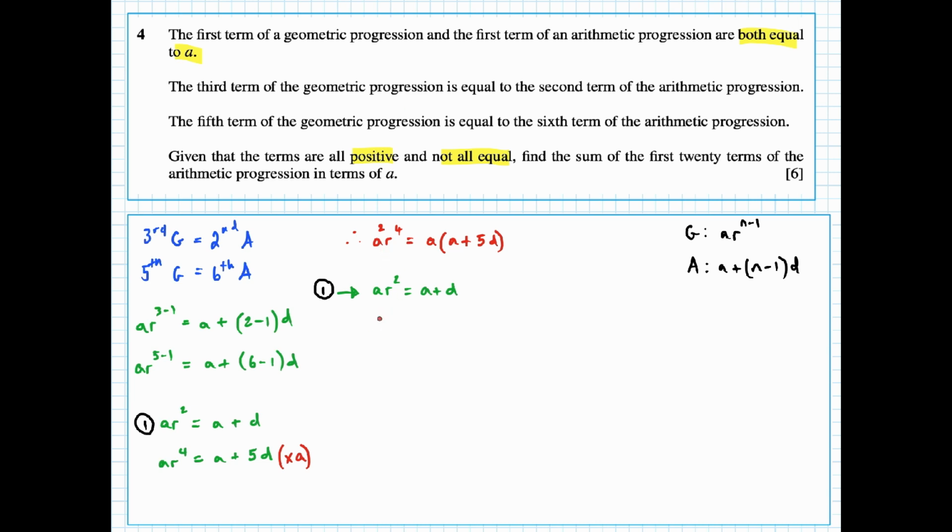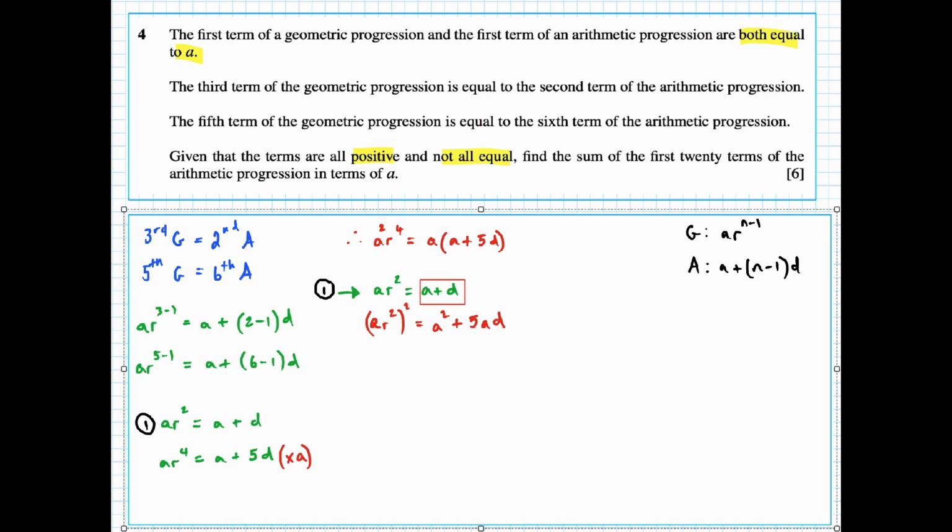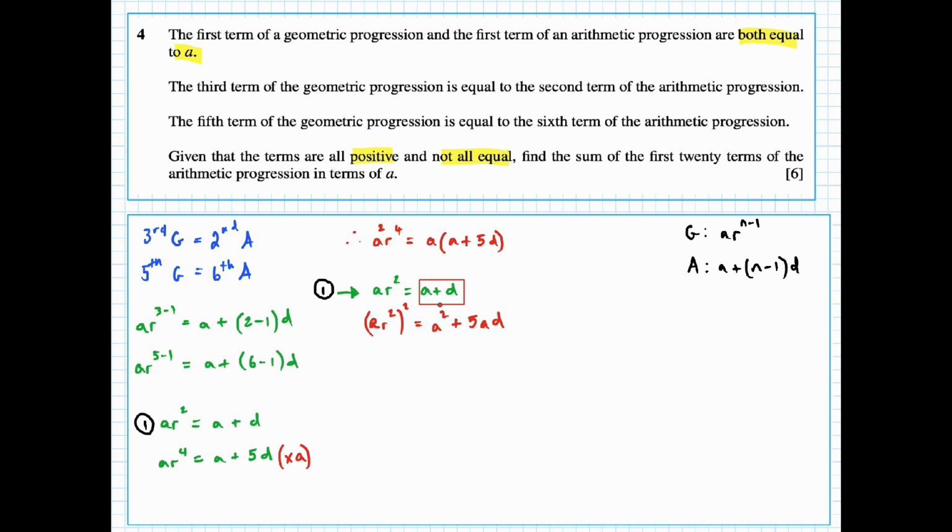So that's what I'm talking about, the red part at the top here. Now I'm putting that in, and you'll see that we can simplify it more easily. So we only have two unknown values, which is what we want. ar squared is equal to a plus d, so we replace that in that red second equation.